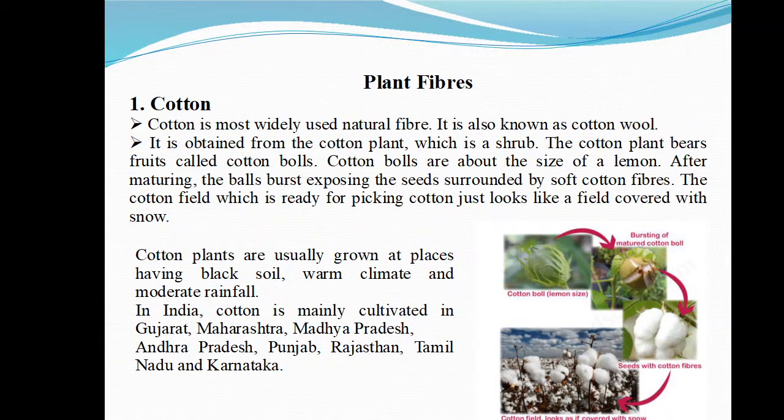So cotton is the most widely used natural fiber, used heavily in our daily life, and it is known as cotton wool. It is obtained from the cotton plant, which is a shrub, in Hindi you can say jhadi.